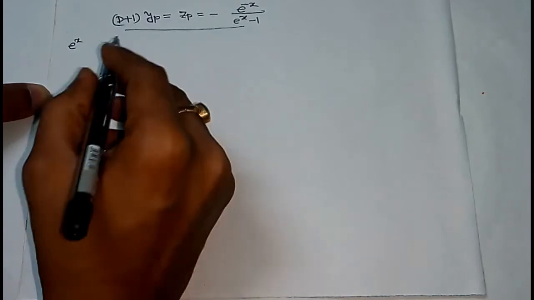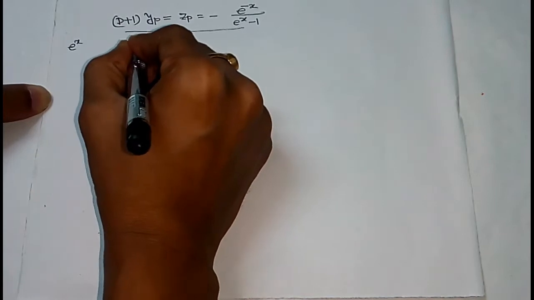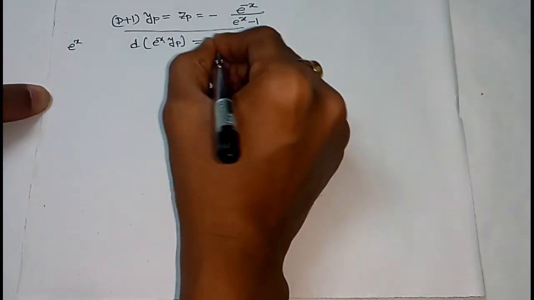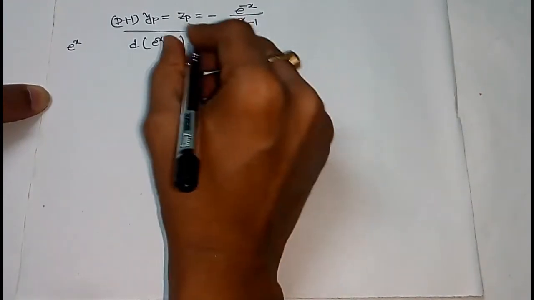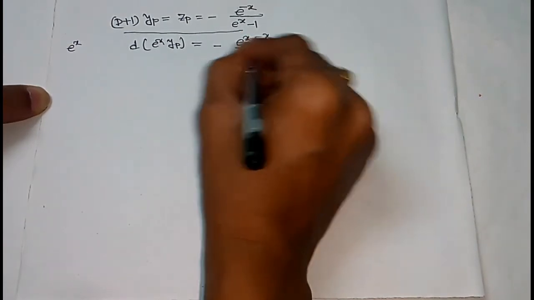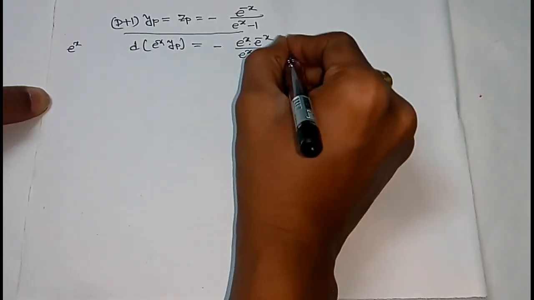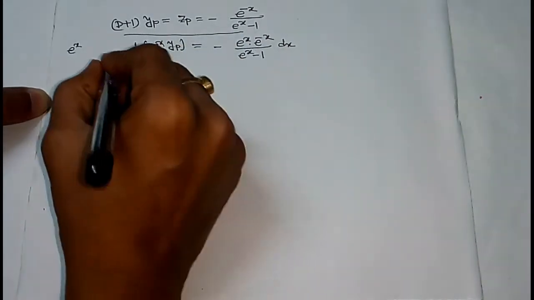If we multiply the equation by this integrating factor, then the equation becomes d of (e to the power x into yp), and in the right hand side it is e to the power x into e to the power minus x divided by (e to the power x minus 1) dx.